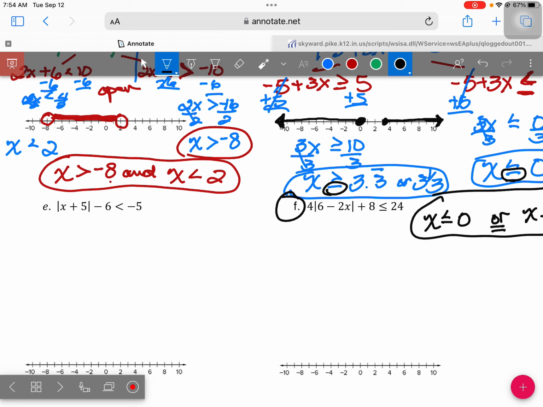And then your other case over here is 6 minus 2x, and you're comparing it to negative 4 because it was in this absolute value, right? Now, because we are comparing it to the negative, we flip the sign in between and put is greater than or equal to. There you go.